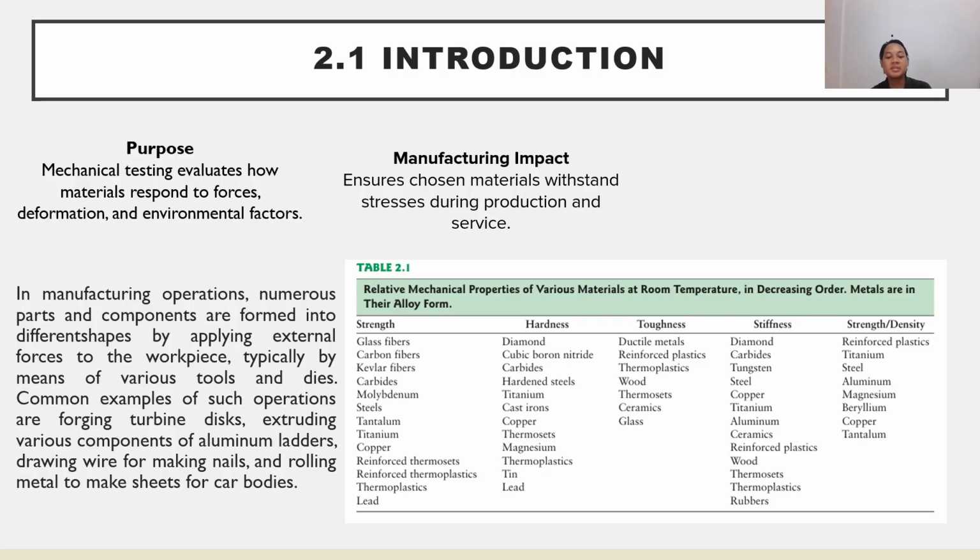This knowledge helps engineers ensure that components will not fail unexpectedly during manufacturing or service. It provides a scientific foundation for decision making, enabling efficient design, safer products, and cost-effective production. For example, if a bike frame is made of the wrong material, it might bend or break while being used, even if it seems strong at first.